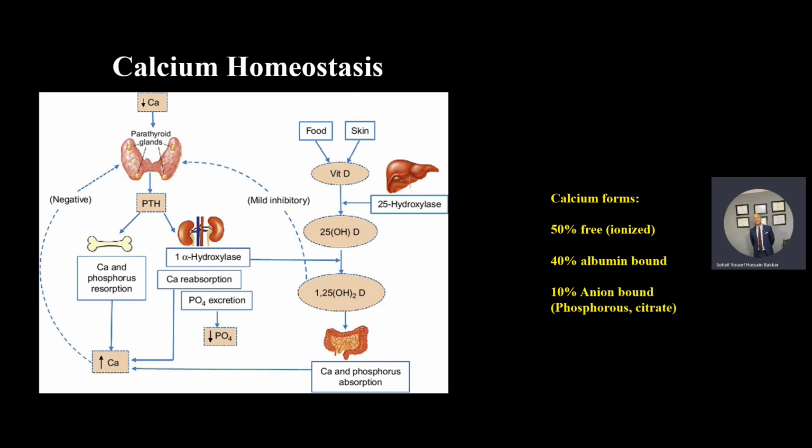So the two major causes of secondary hyperparathyroidism are renal failure and vitamin D deficiency.